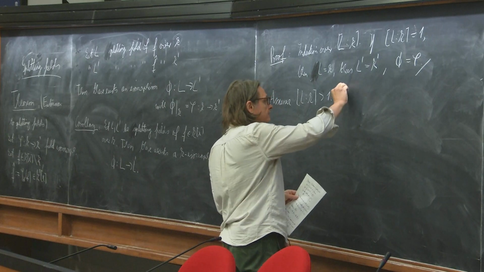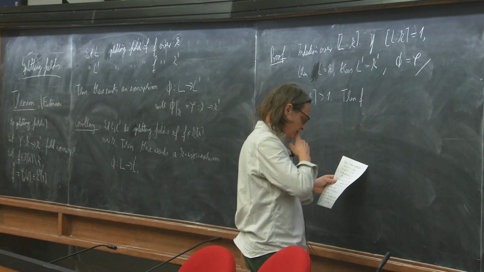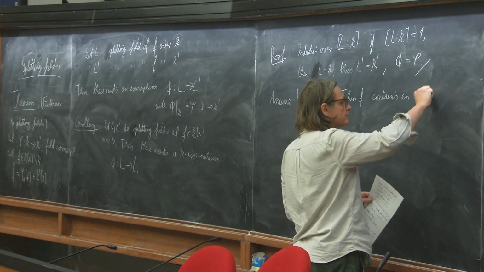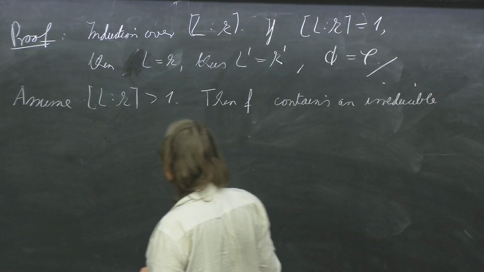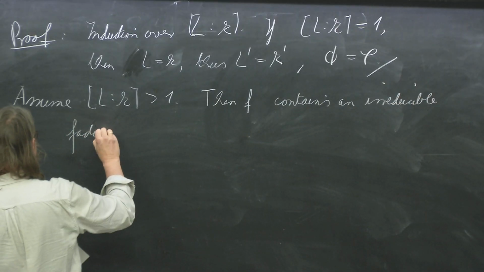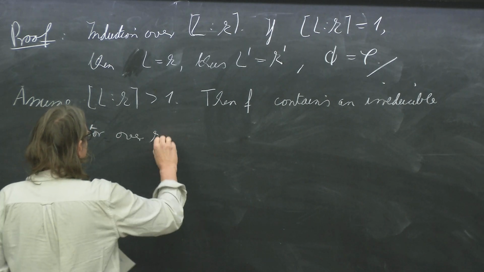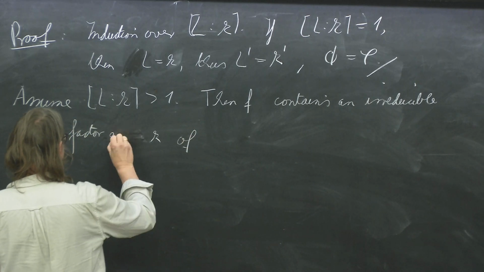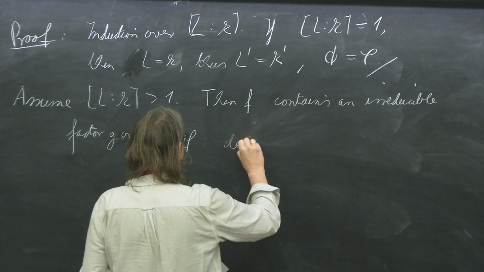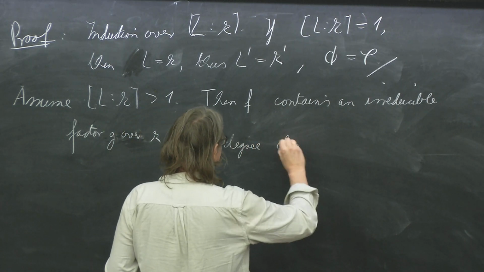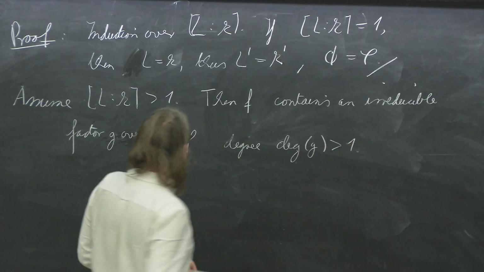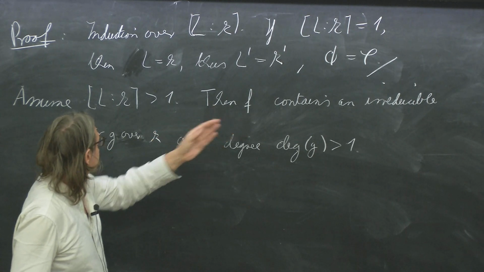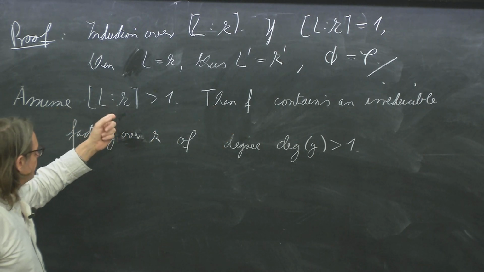So then f contains an irreducible factor, which I call g, over K, of degree of g bigger than 1. Because if all irreducible factors of f had degree 1, then this would mean f splits into linear factors, and so the splitting field of this polynomial would just be K.